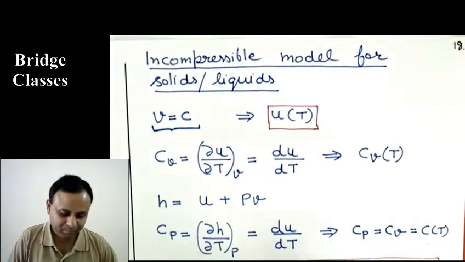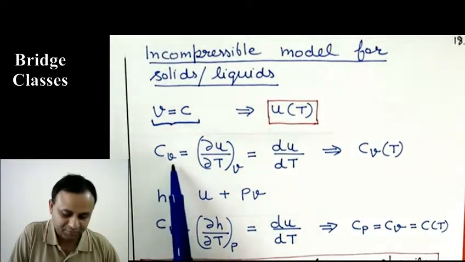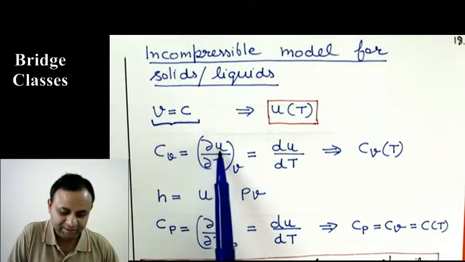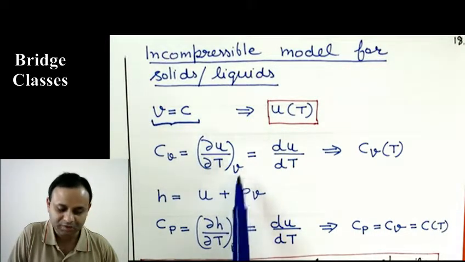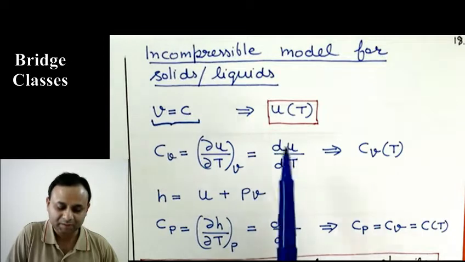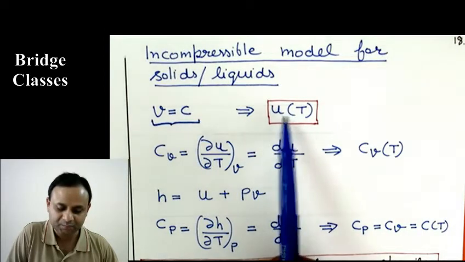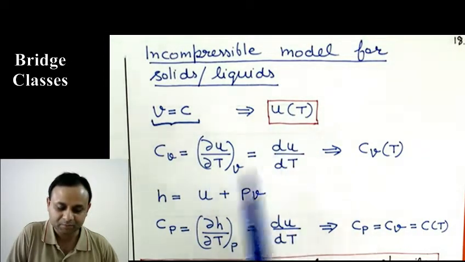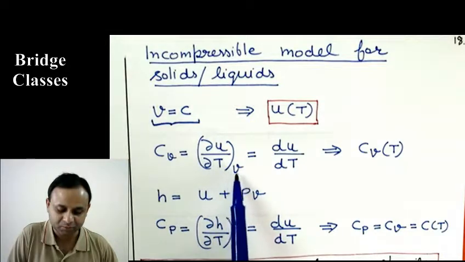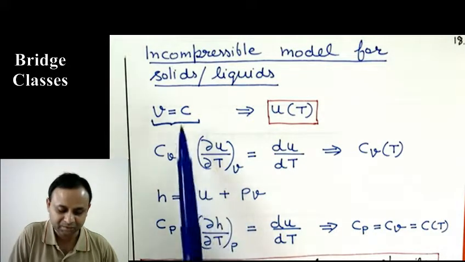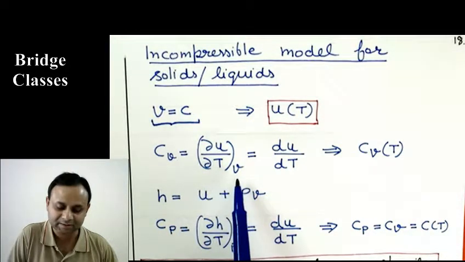Now, the definition of CV is del U del T at constant volume. But if U is a function of temperature only, when taking this derivative, we don't care about V because V is constant anyway. That is the nature of the substance.